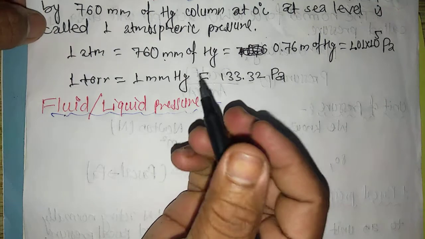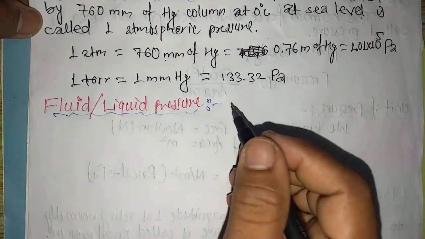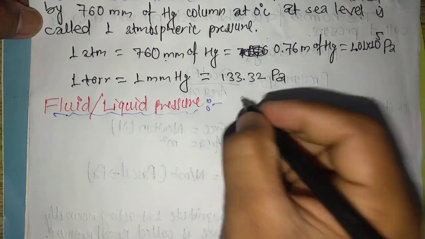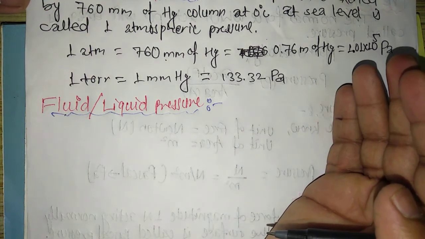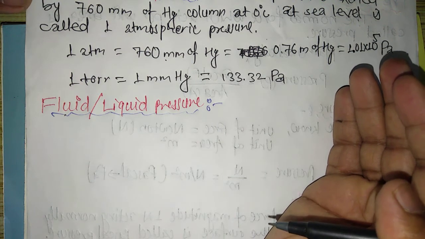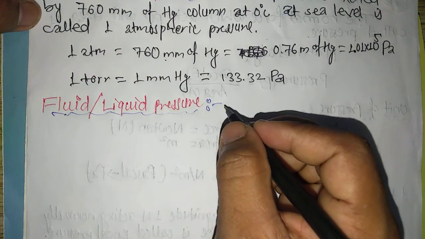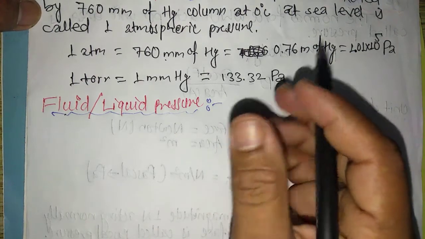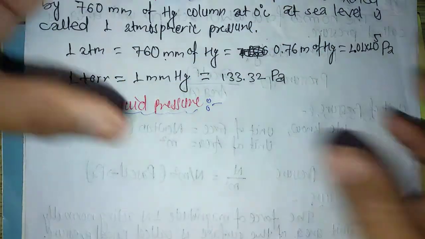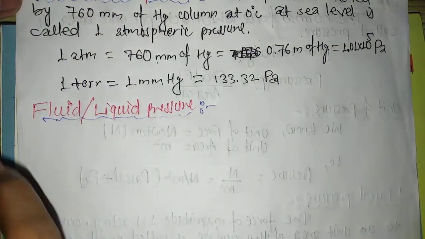Like air, means gases, and liquids. All liquids and gases fall under fluid. Fluids need a container, either closed or open, to keep them. When the fluids are kept in a container, the fluids exert pressure in all directions, on the wall of the container and on the bottom of the container.